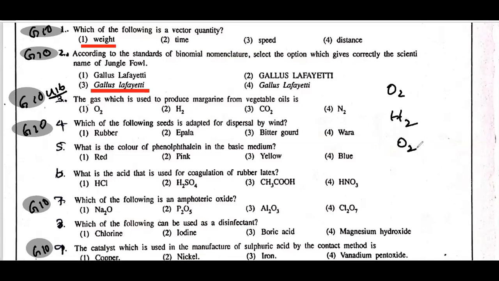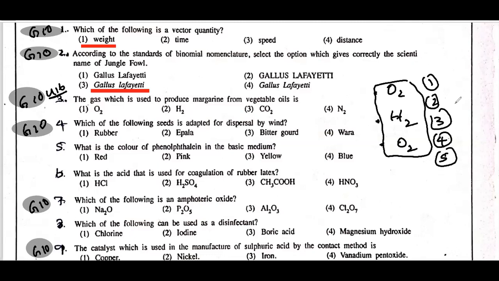You should know the production, collection, identification, uses and properties. These are the 5 things you should know: how to produce the gas, how to collect it, how to identify it, its properties, and its uses.